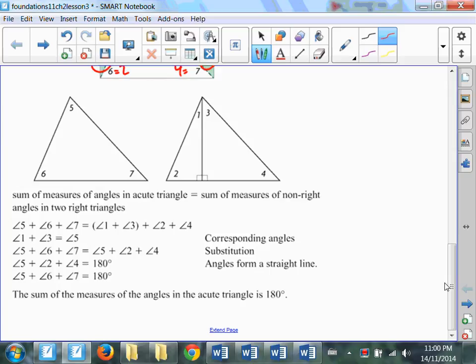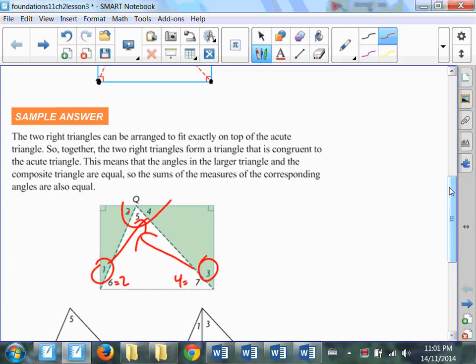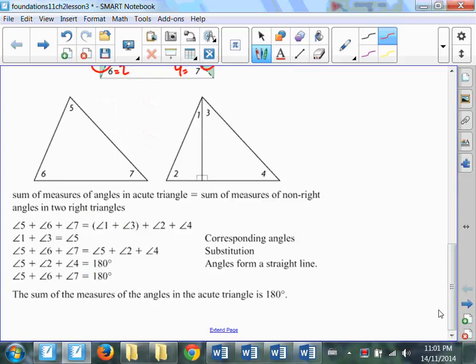So what we know is that angle 5 plus 6 plus 7 is equal to 1 plus 3 plus 2 plus 4. So if we look at that, then we know that 1 plus 3 is equal to 5. So 5 plus 6 plus 7 is equal to 5 plus 2 plus 4 by substitution. And 5 plus 2 plus 4 all form a straight line, so they add up to 180.